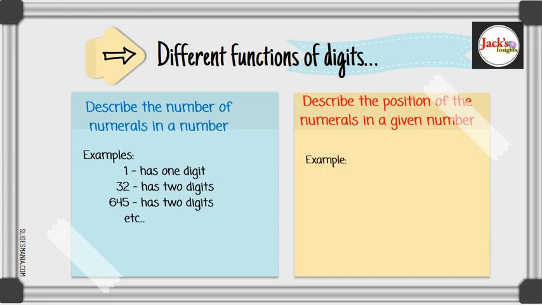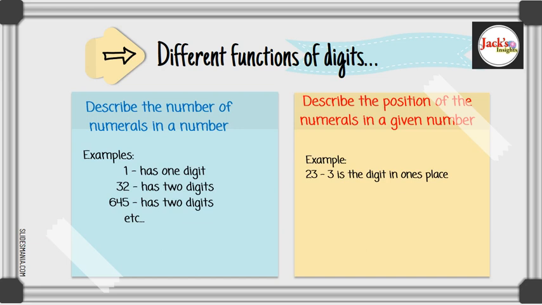Now for the other function of digits, to describe the position of the numerals in a given number, for example, number 23. So 3 is the digit in the one's place. Number 23 has 2 digits.